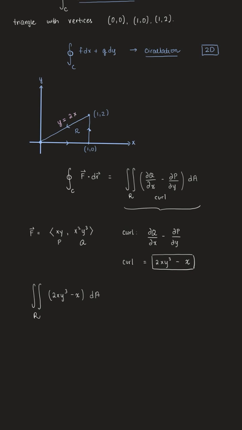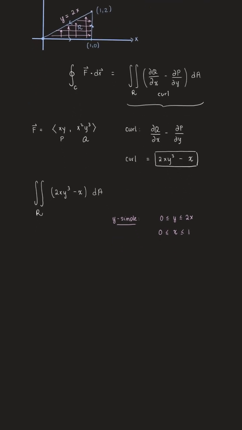The slope of that line is 2 and the intercept is 0. So if I set up my region as a y-simple region, that means y is going to go from 0 to the function 2x. Once we've integrated vertically, we can integrate in the x direction from 0 to 1. So if I go vertically first, we go from 0 to 2x, and then when we integrate horizontally, we just need to go between two constants, from 0 to 1.